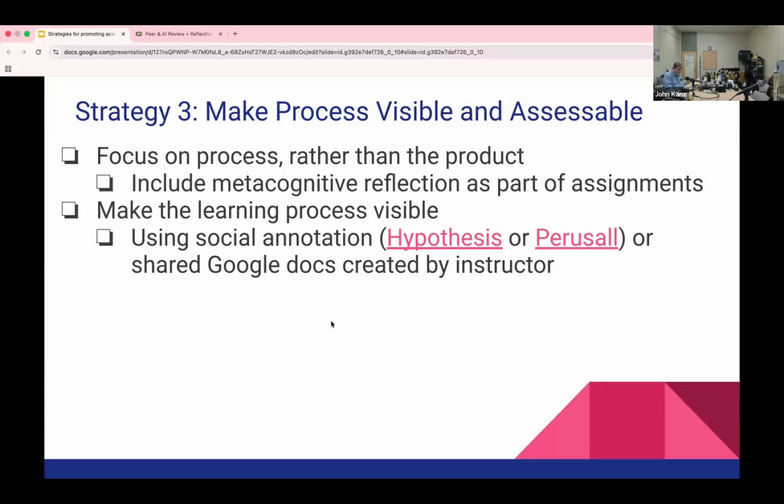What I've had them do the last 4 or 5 years, actually going back before AI became widely available, is in the week leading up to the discussions have each student provide some annotations where they're evaluating the arguments in the research papers, the working papers or journal articles themselves.